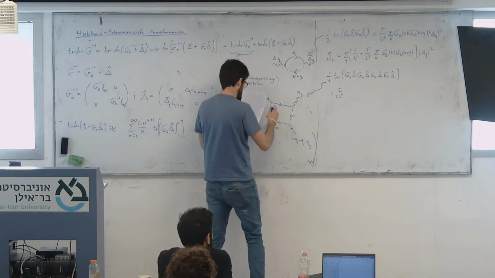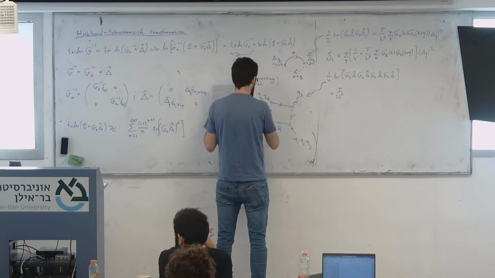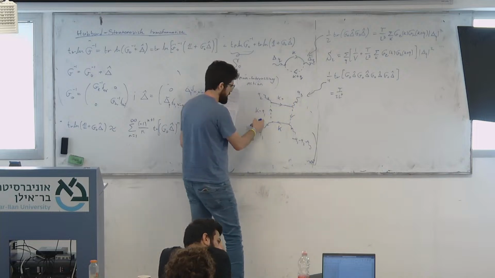And then the momenta, we can just define it. Let's call this K. Then this is going to be K plus Q1. Sorry, this is K minus Q1.